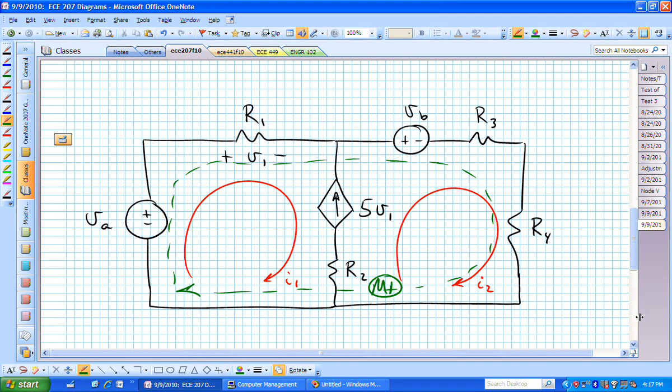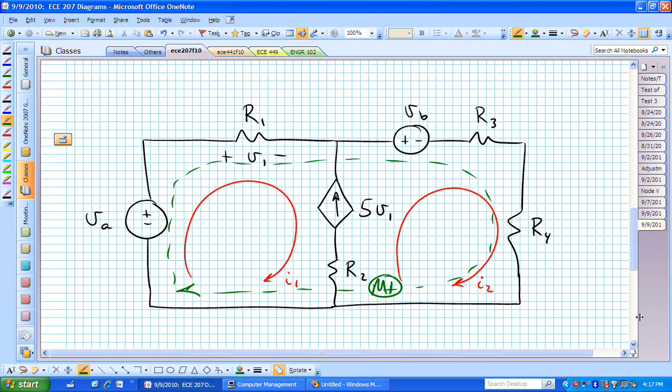So it's still a current source, and you would have to do the super mesh, but when it came time to writing that constraint equation to re-express that current source in terms of your mesh currents, then you could use what you were just saying. You would say, oh, I have 5 times R sub 1, I sub 1 equaling I2 minus I1.